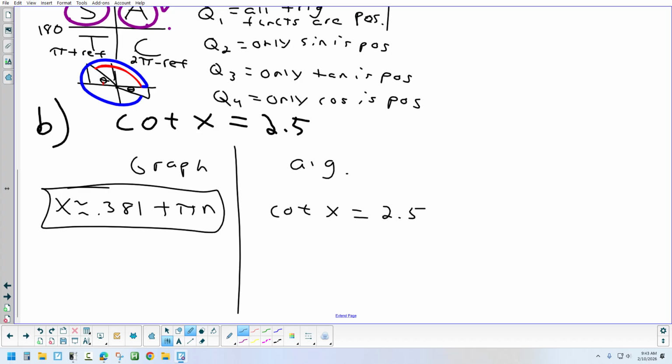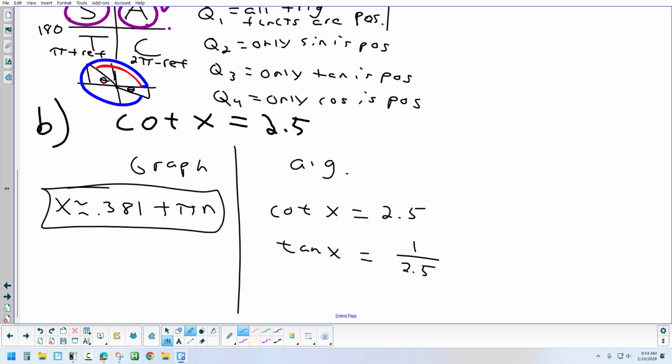So if the cotangent is 2.5, what's the tangent? 1 over 2.5, exactly. So now we've just rewritten that problem with a trig function. We do have a button for it on the calculator. So the tangent is 1 over 2.5.